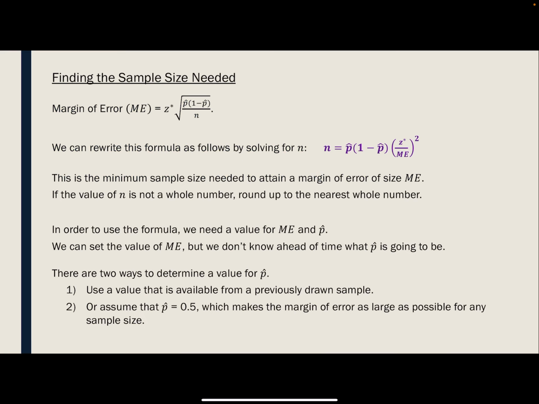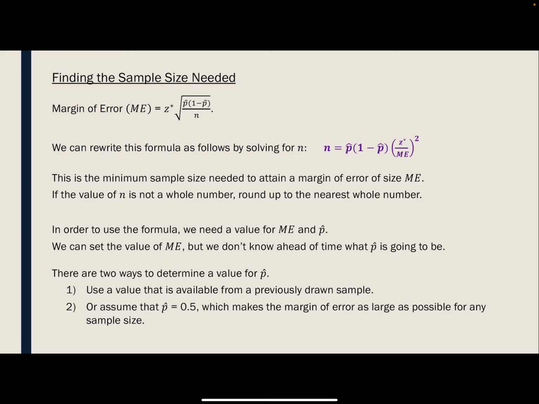Remember that the margin of error formula was the second half of that confidence interval formula. The plus or minus part was the z star times the square root of p hat q hat over n. Well, if I know what the margin of error is because that's what I want to achieve, and I know what z star is because I've already decided the confidence level as well, then what I'm looking for is the sample size n.